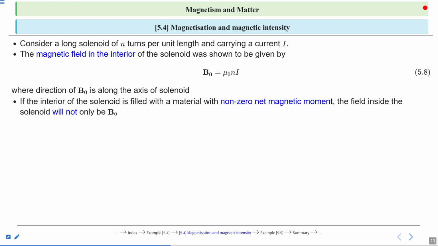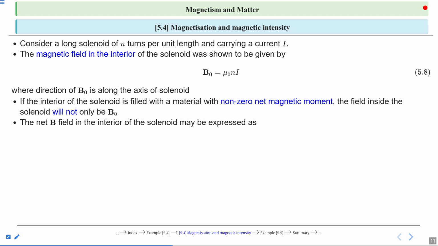The magnetic field will be enhanced, because the material in the core gets magnetized due to the field B naught. Due to magnetization, it behaves as a magnet and produces its own magnetic field along with the solenoid.